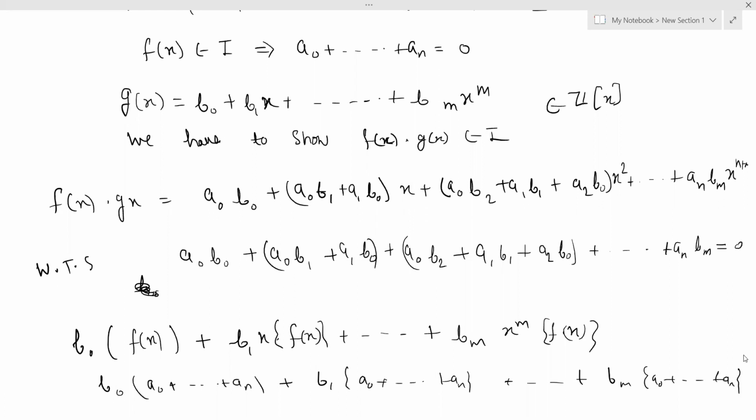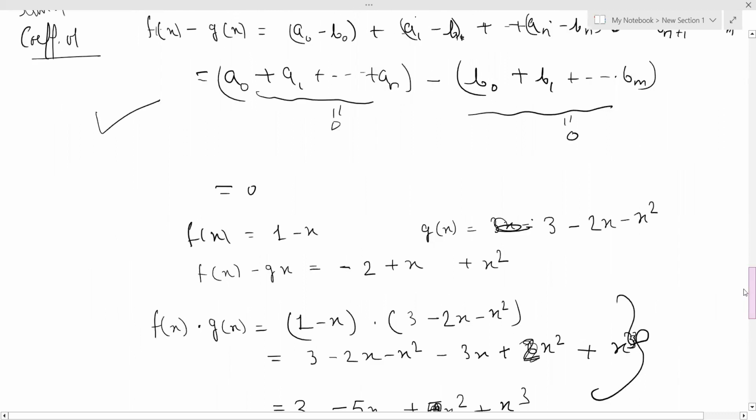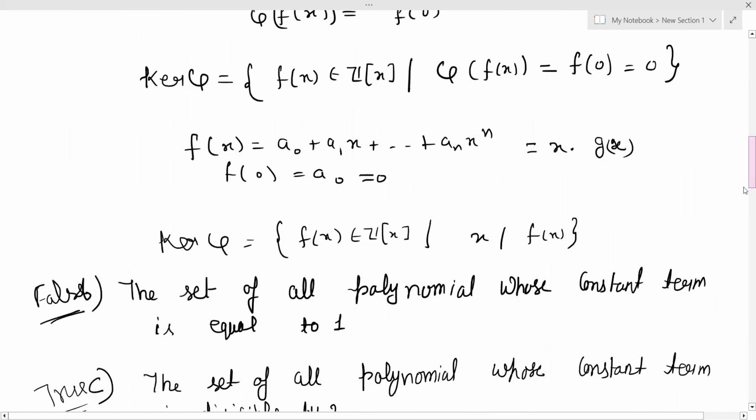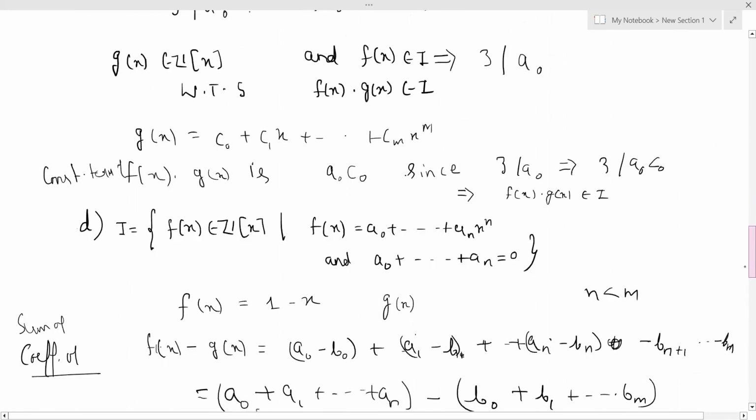But you can see this one is already 0, this one is already 0, so all are 0. So this means the sum of coefficients is 0. So the statement is true. You all were trying for a counter example, but the statement is true. Agreed or not? True statement.